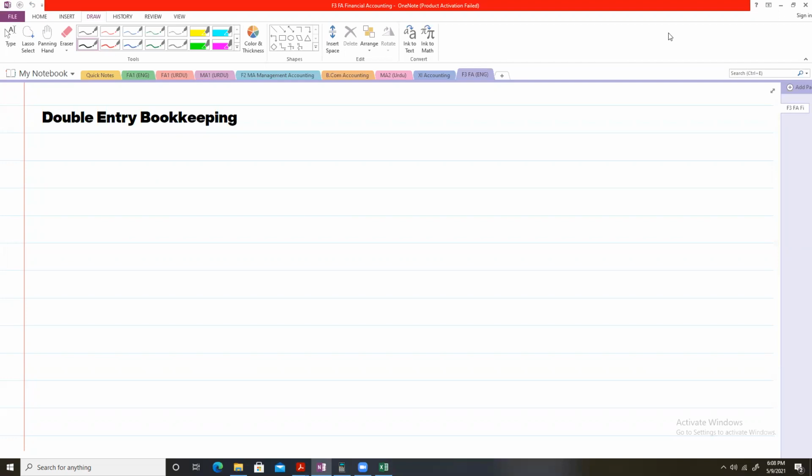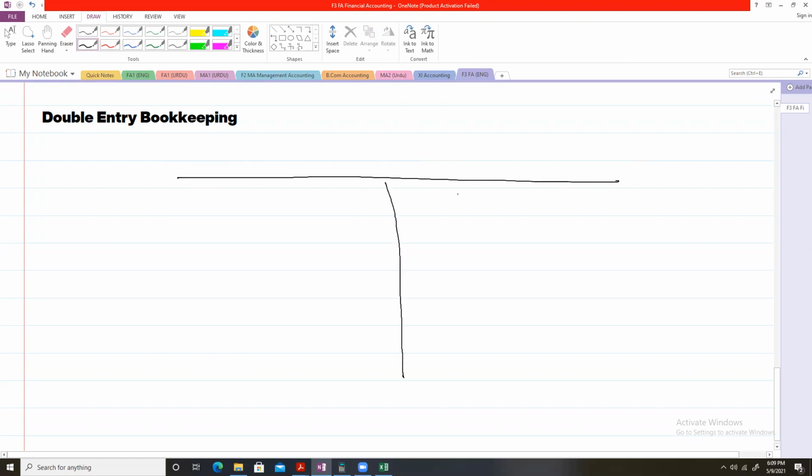This is the capital T account. The opening balance of the capital appears on the credit side, and the closing balance appears on the debit side.